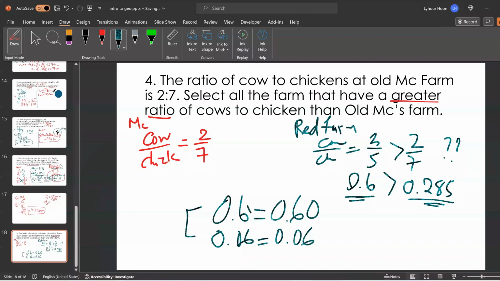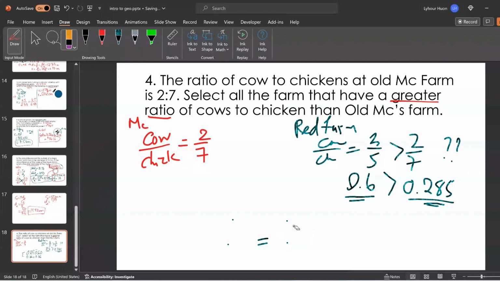After the decimal, we can add as many zeros as we like. I think it would be 0.60. So 0.6 is greater, right? Yeah.